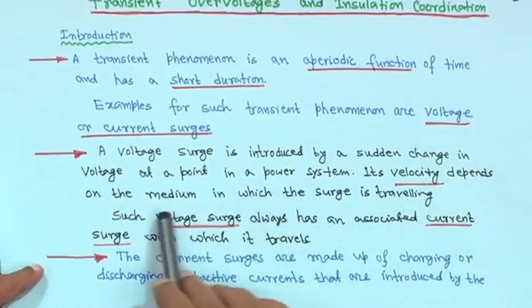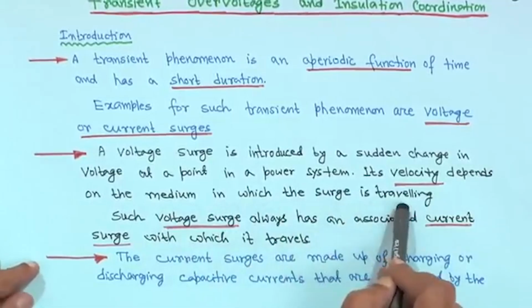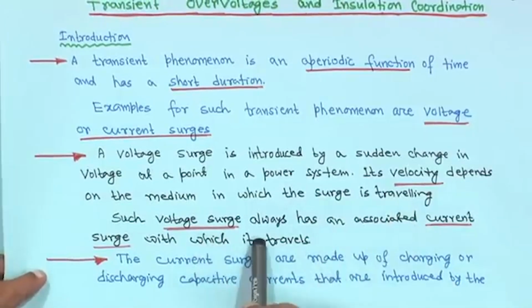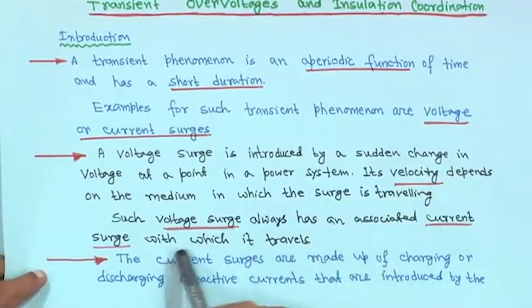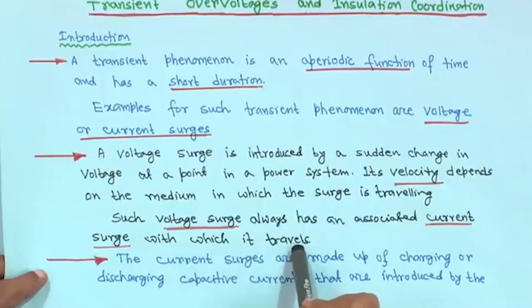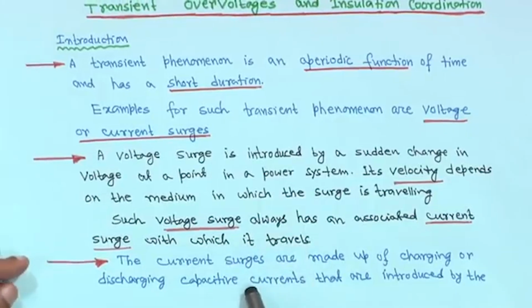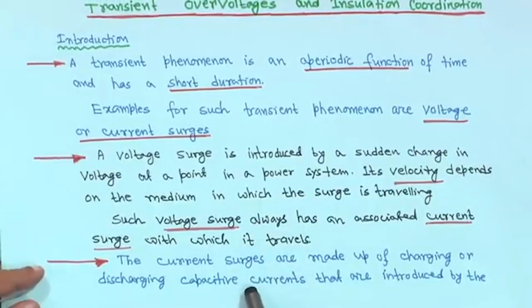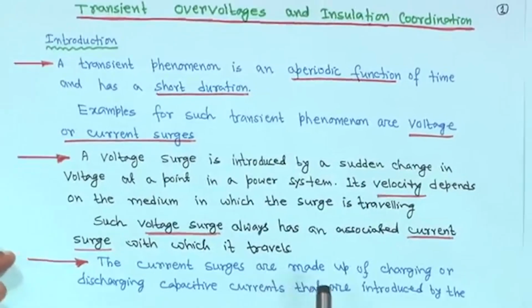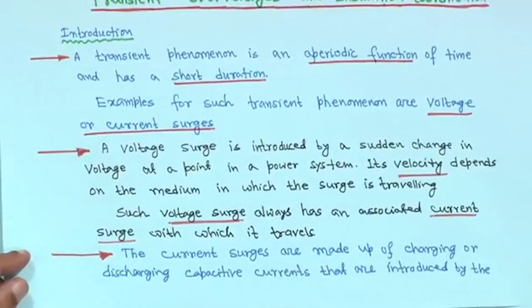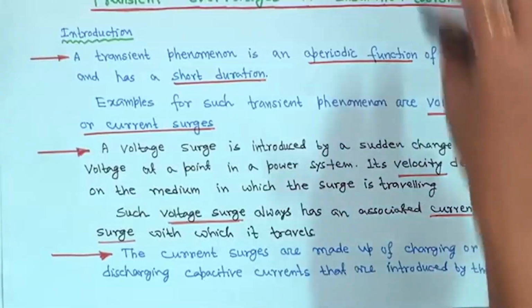Its velocity depends on the medium in which the surge is travelling. Such a voltage surge always has an associated current surge with which it travels, right. If there is a voltage surge, then there will be an associated current surge travelling along with it. Current surges are made up of charging or discharging capacitive currents that are introduced by the change in voltage across the shunt capacitance of the transmission line, that is, the charging capacitance, right.